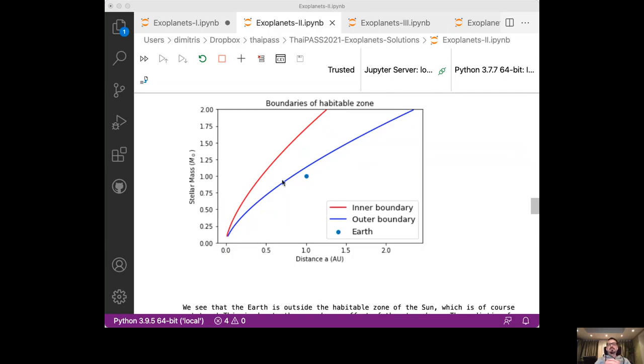So what I did is I fixed the temperature in that equation, and then what I varied is the distance from the star and the stellar mass. Okay, so the higher the stellar mass, the farther away the planet needs to be from the star. So that's the inner boundary and that's the outer boundary. So for a habitable planet to exist, it needs to be in between those two lines.